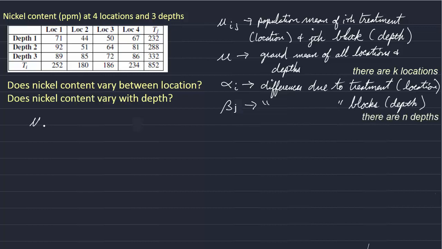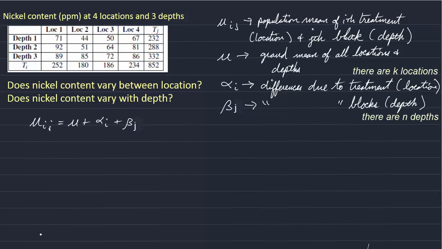Okay, with that we can describe mu ij as equal to the grand mean plus the differences associated with location plus the differences associated with depth.